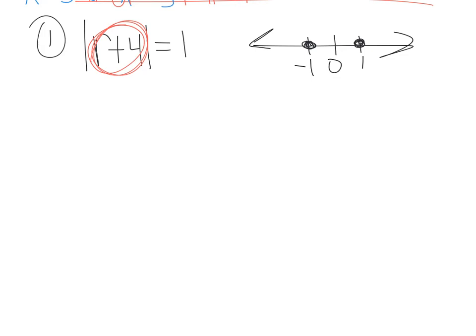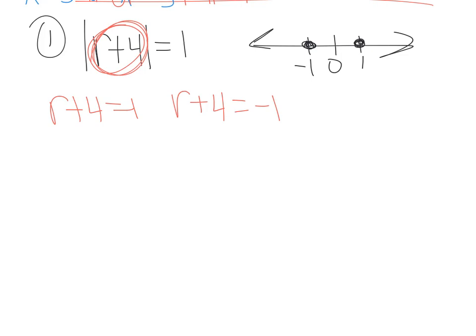So whatever's inside these two vertical lines has to be 1 or negative 1. That's the only thing it could be because that's the only thing that has an absolute value of 1. So that's why we take the r plus 4 and set it equal to 1. And then we go back and we set it equal to negative 1 because those are the things that are 1 step away from 0.